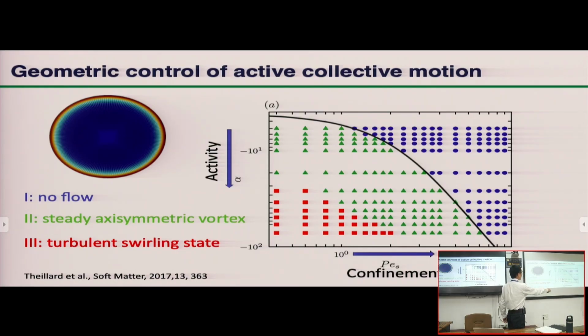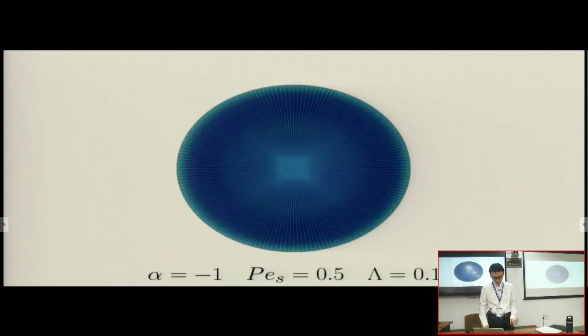And if you further confine them, in the sense that the shape of your container, the size of it, say is even smaller than your run length, so you cannot even fully achieve your step length, in that case effectively your activity is lowered because of the confinement. So you reach a stationary state where there's no flow. And then in the circular case, you have a spherically symmetric density distribution. We looked at that yesterday.